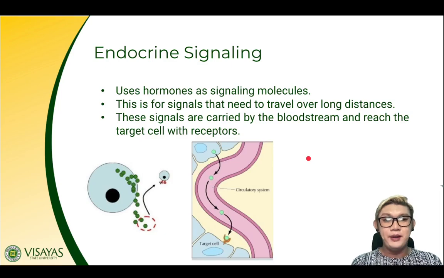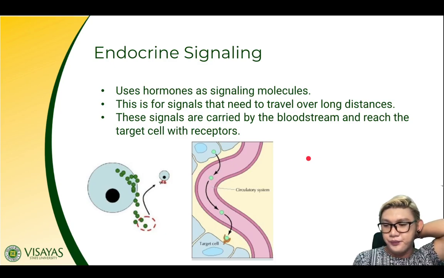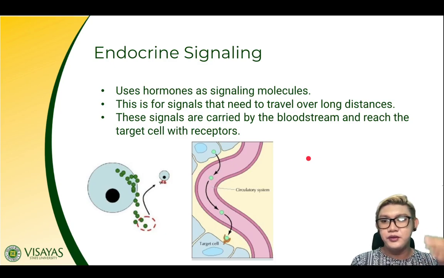For example, the signals released by the brain, when our brain tells our reproductive system to make more testosterone, or more follicle stimulating hormone, or hormones for the growth of the organism.